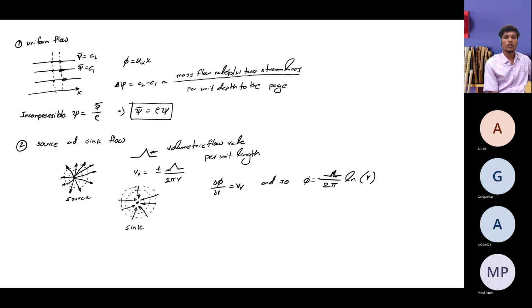This r is your radial location at any point. If you take a radial location here, this is your axis, this is your theta and this is r, that will give you the phi value at that point.